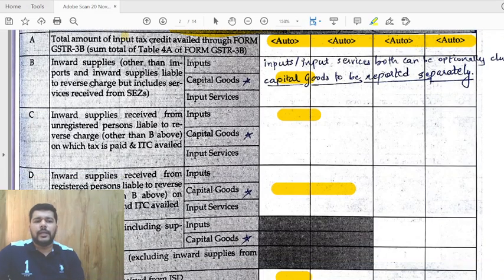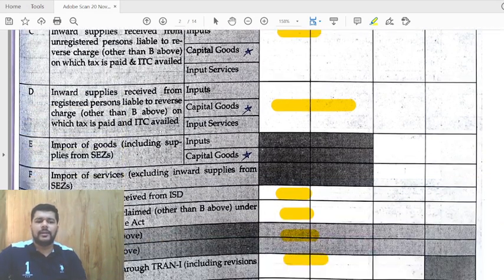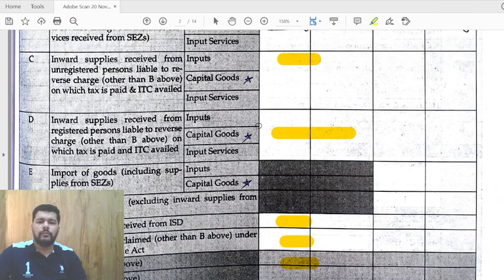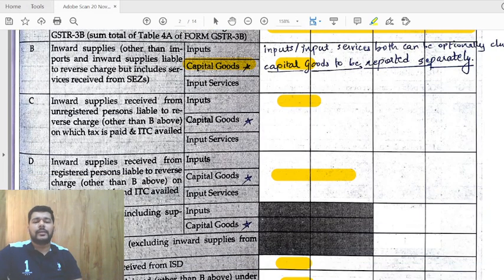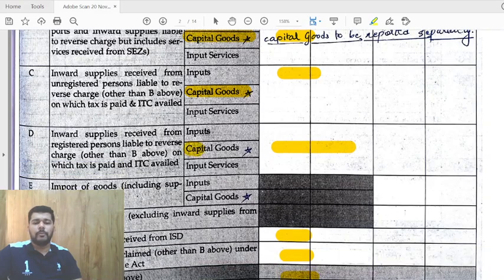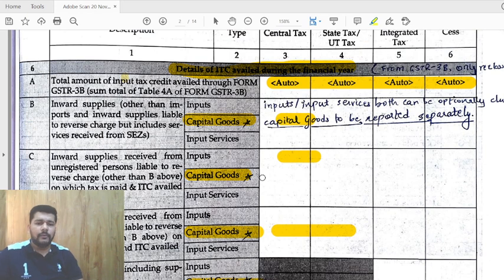Now here, friends, in 6B, 6C, 6D, 6E for that matter, the most common and important thing, which has continued to be in the instructions table, is that the input tax credit in respect of capital goods, whether they are imported, whether they are domestically procured, whether they are procured in any way, capital goods के ऊपर का input tax credit claimed has to be reported separately.